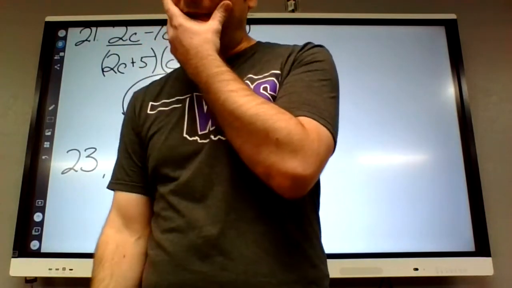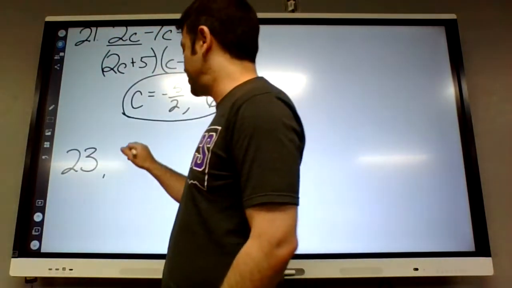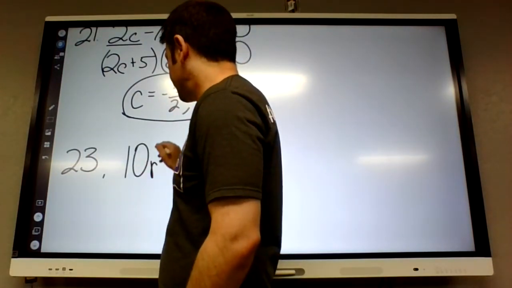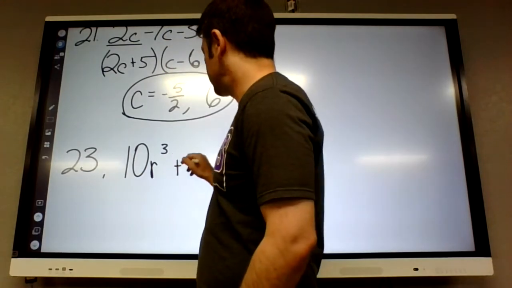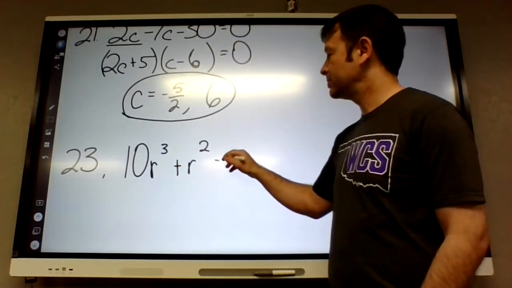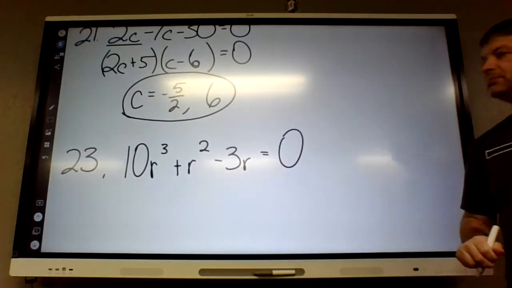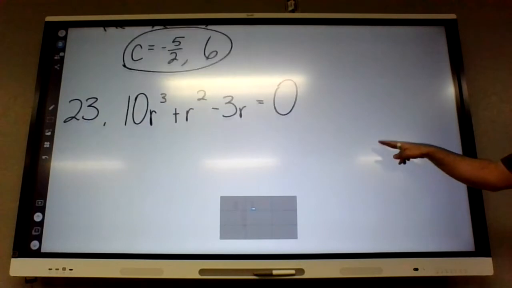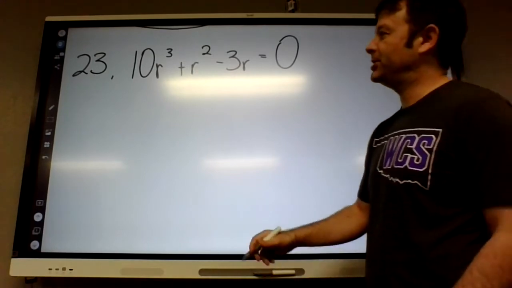All right, 23, 10r cubed. What do you guys think we should do first on 23? Get the 3r over. Right, and how would we do that? Subtract it. Subtract 3r over, yes. So now you can take out an R. They've got too many R's in there.